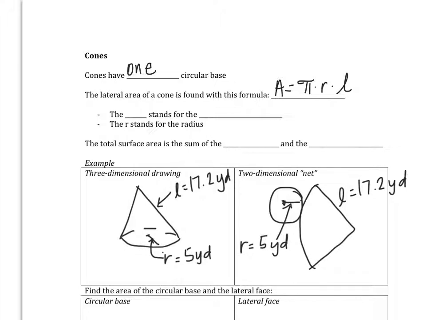The L stands for slant height. The total surface area is the sum of the base area and the lateral area.